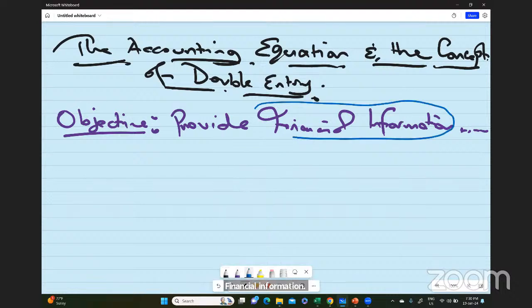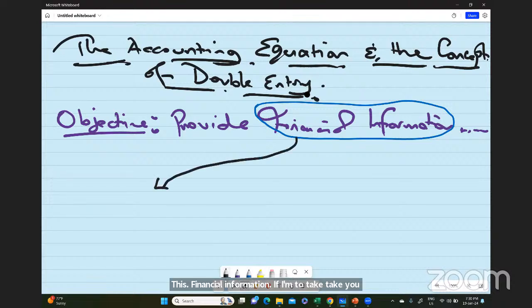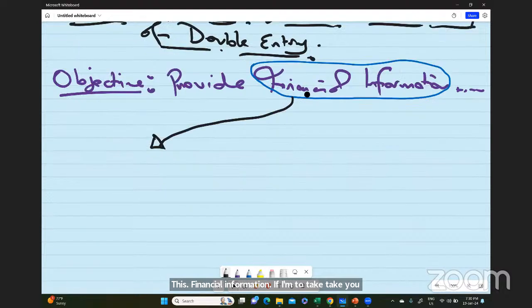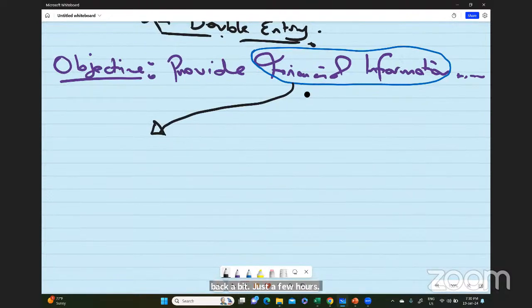This financial information. If I take you back a few hours in the classes that we have had, when we were talking about financial information, what did we say? Can anyone remember? What is this financial information?